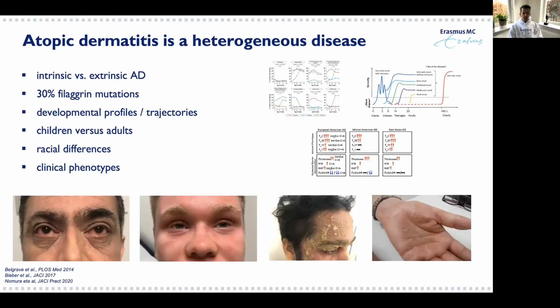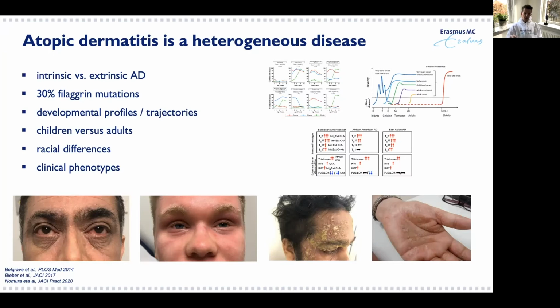So I think we all agree that atopic dermatitis is a heterogeneous disease, and there are many different levels of heterogeneity. There's intrinsic versus extrinsic atopic dermatitis, patients with or without filaggrin mutations. There are different developmental profiles or trajectories: patients with food allergy, with asthma, with rhinitis, with severe AD in childhood that then disappears.